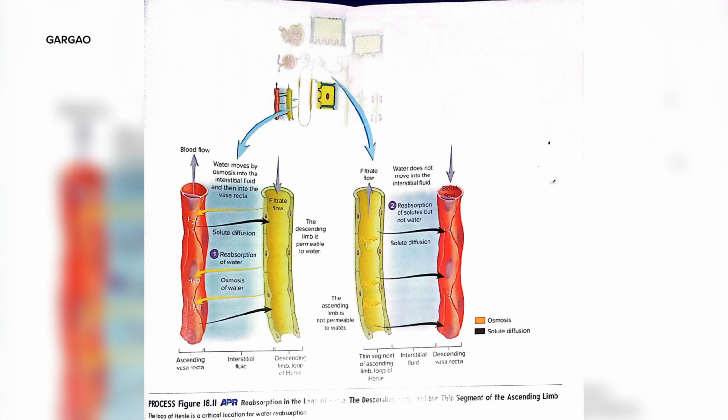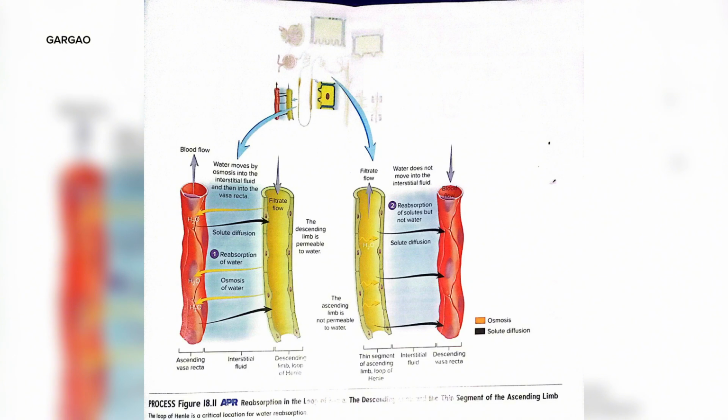Water moves by osmosis out of the descending limb, while some solutes move by diffusion into the descending limb. By the time the filtrate has reached the end of the thin segment, the volume of the filtrate has been reduced by another 15% and its concentration has significantly increased to 1,200 mOsm/L.